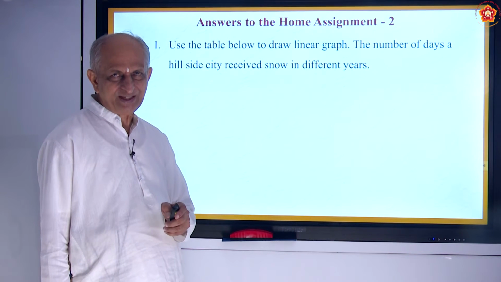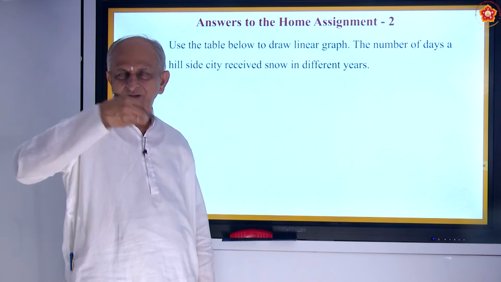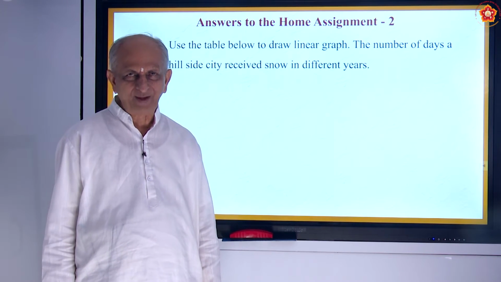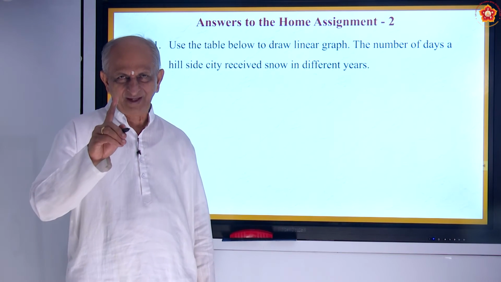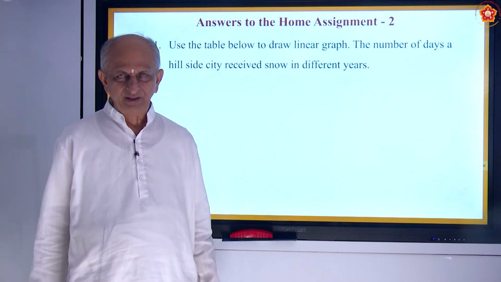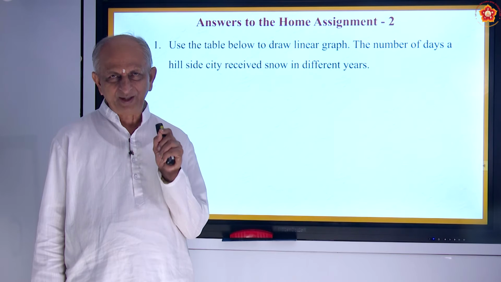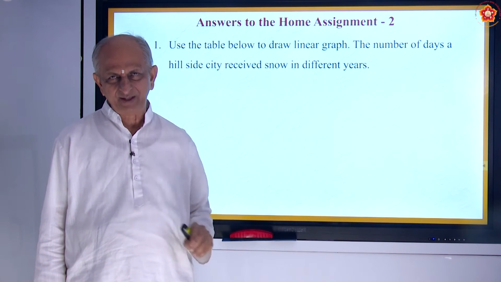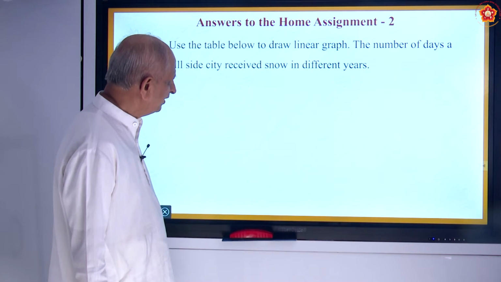Then you can understand the lesson better. How many have the habit of reading or writing the problems after the class is over? Okay, some of you have, right? It's a very good habit. At the end of every day, you must see what lessons are done and what home assignment is given. You must do it punctually. Then you will be regular.